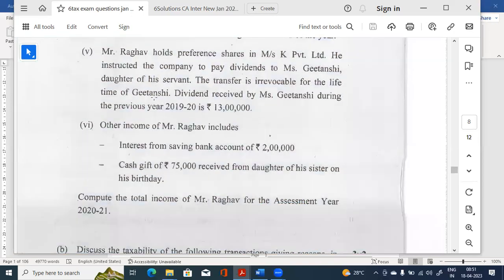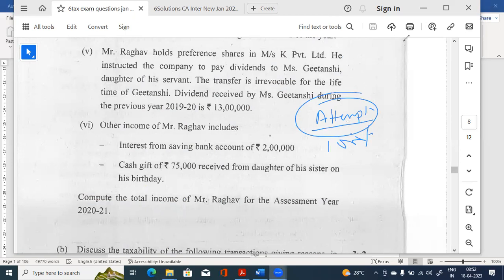Don't sit and calculate in a hurry your tax calculation and all. They are asking only total income. Please don't make the mistake of sitting and computing the tax, because there's hardly any time to do it. On top of that, if you make these mistakes, you are going to lose marks. The idea is to attempt 100%. That is very important.